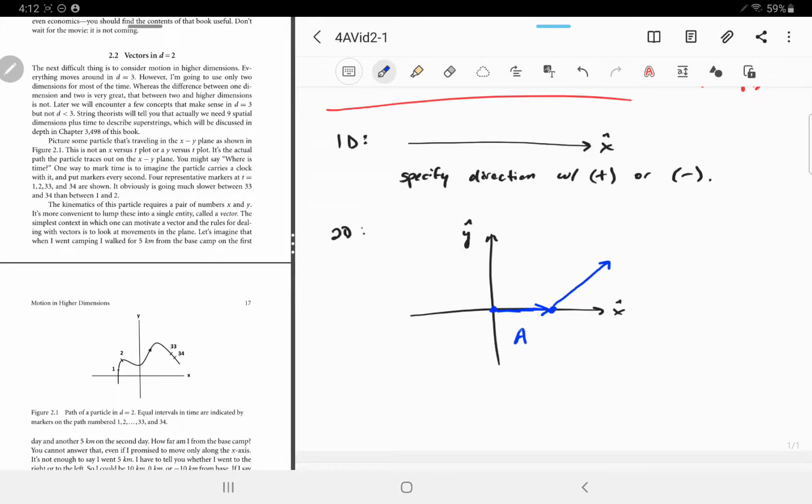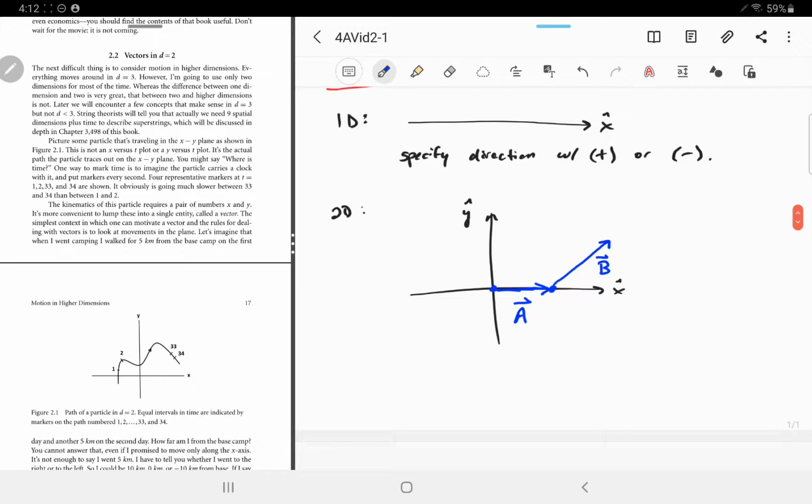Our first travel, when we move to the right, we can represent that displacement with a vector A, and we can represent our other motion with a vector B. A and B here are displacement vectors.